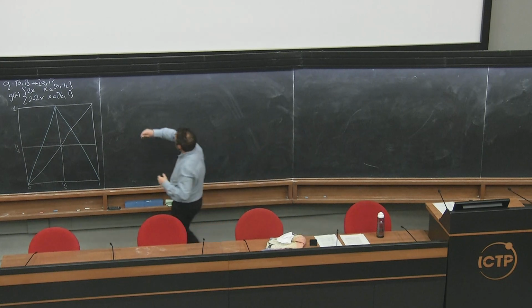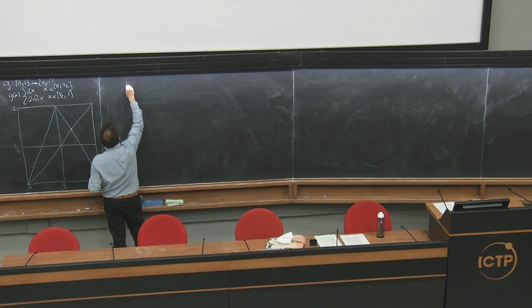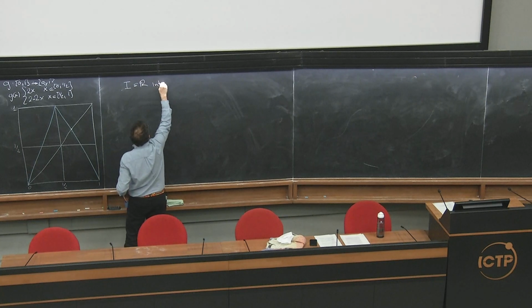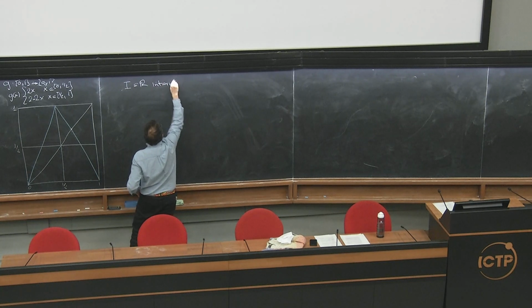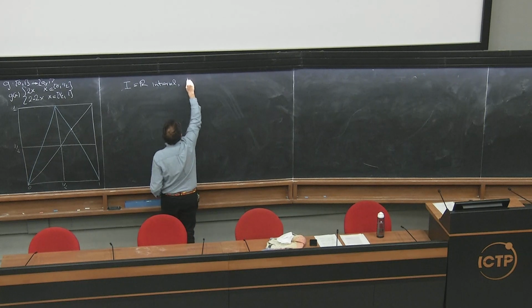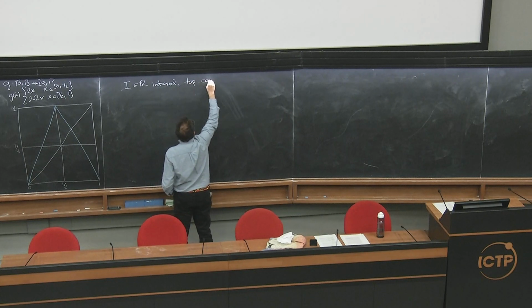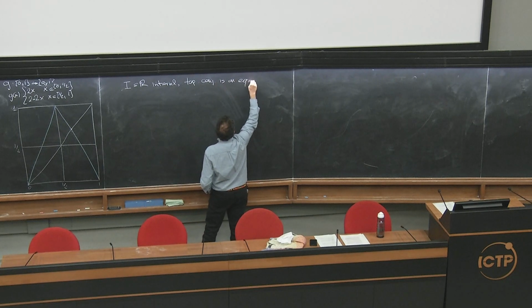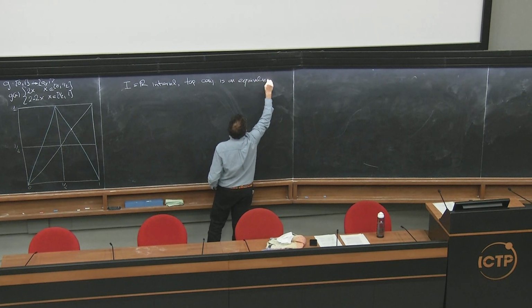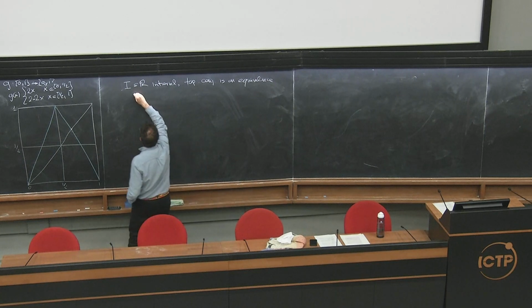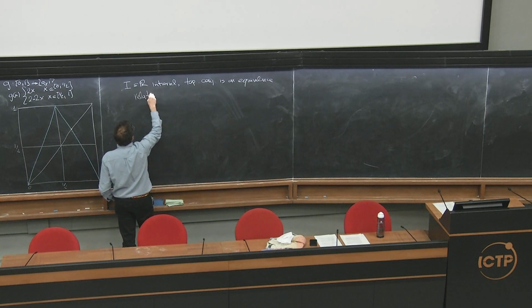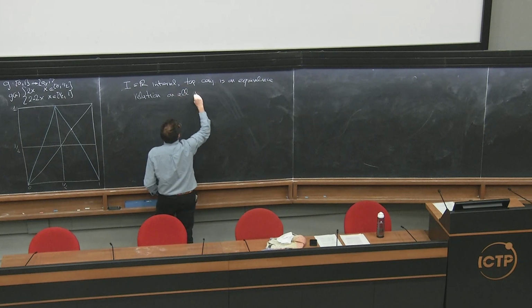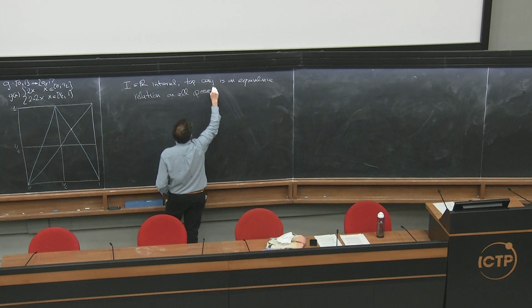So we have now, if I is an interval, topological conjugacy is an equivalence relation on all possible interval maps.